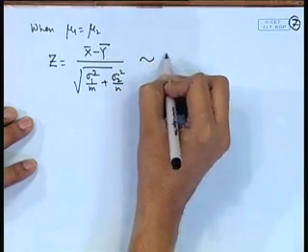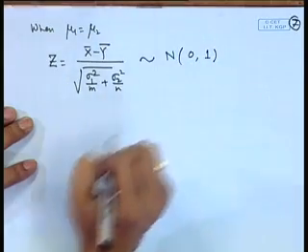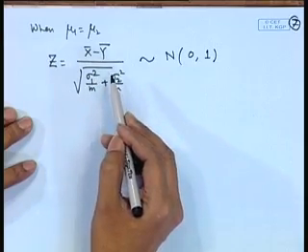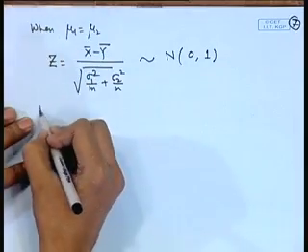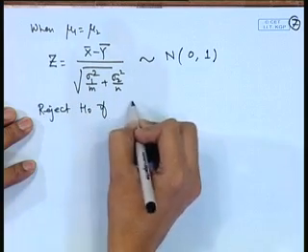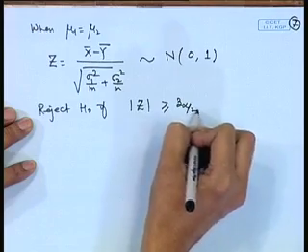This follows a normal distribution with mean 0 and variance unity. So, this is a perfect test statistic to be utilized for testing this hypothesis. We may reject H naught if modulus of z is greater than or equal to z alpha by 2. So, this is a test for level of significance alpha.